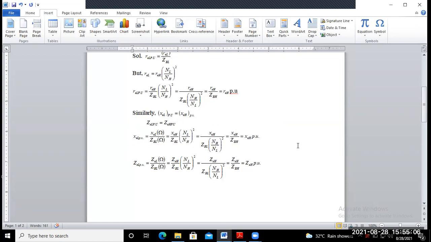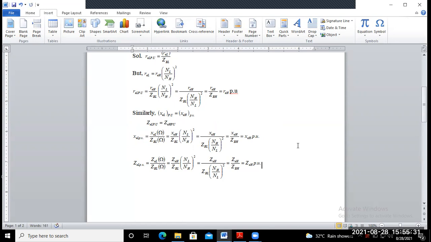Okay, so that per unit value is equal either on the low voltage side or the high voltage side. Either the resistance, if you convert it in per unit on the low voltage side, is equal to the equivalent resistance on the high voltage side.